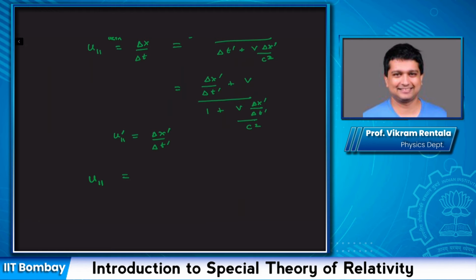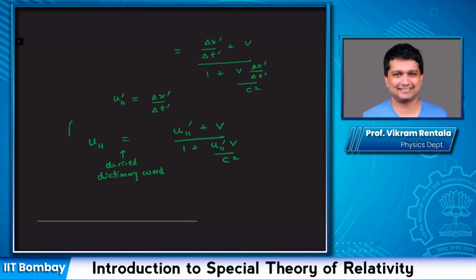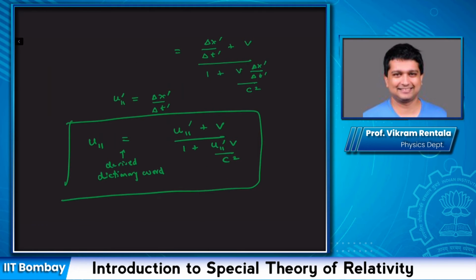So this is a derived dictionary word: u parallel is u parallel prime plus v divided by 1 plus u parallel prime v over c squared. Okay, so we've expanded our dictionary now because we can now write u parallel in terms of u parallel prime and the relative speed v.